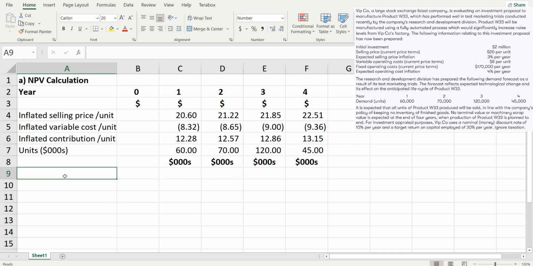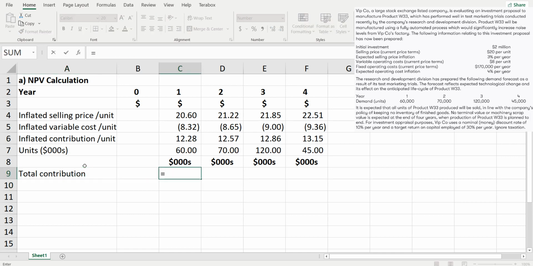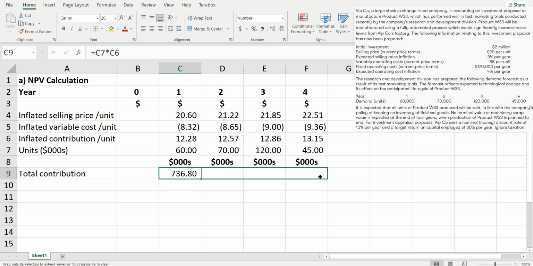Okay, now we have units and we have contribution, so we can have total contribution: units multiplied by contribution per unit, just drag.